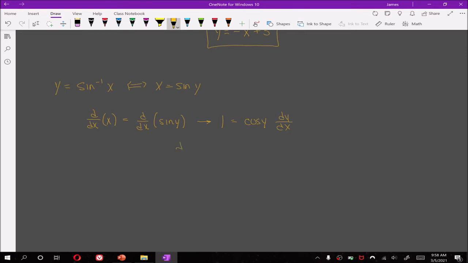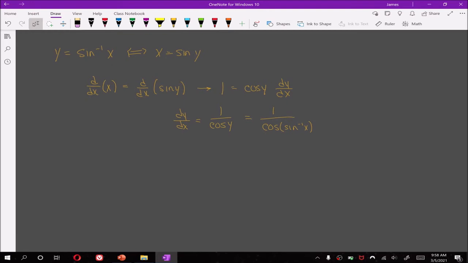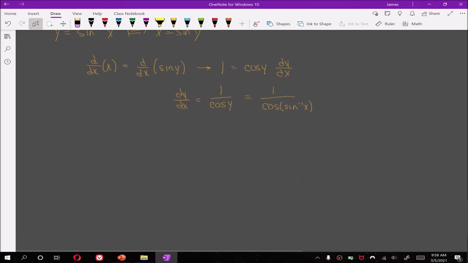And so what we find then is that dy dx is equal to 1 over the cosine of y, but y is the inverse sine, so this is cosine of the inverse sine of x. We have to try and simplify that. Well, we're going to use right triangle trigonometry.